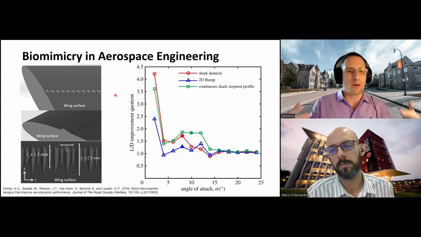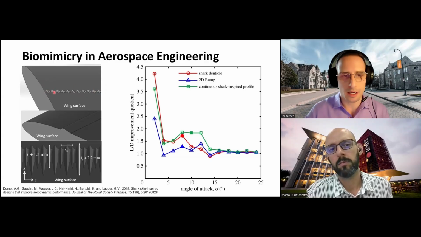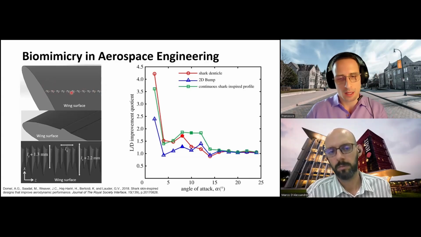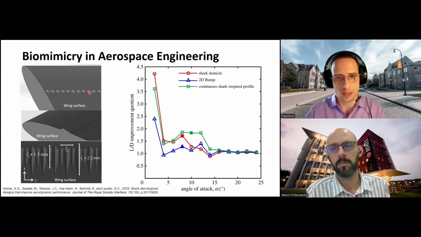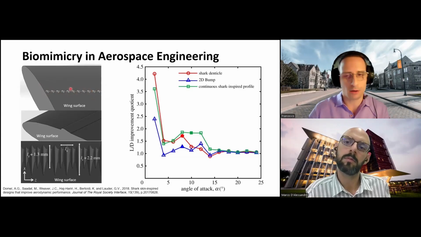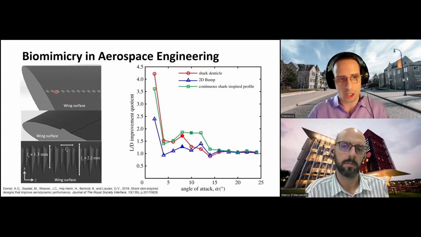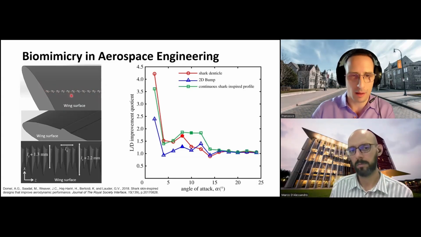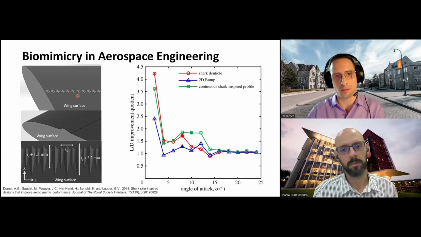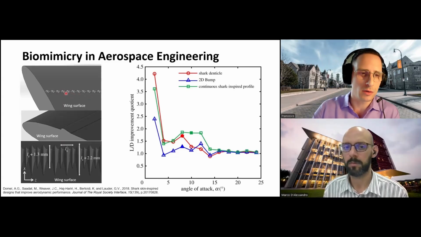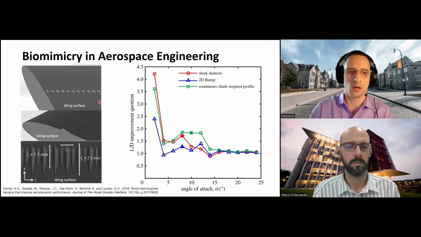And so someone might ask, how is this study going to be useful to understand the physics of shark skin? But the question should actually be, how can we make it useful in aerodynamic applications? So I think the purpose of this experiment was actually to prove that for aerodynamic applications, we can actually use denticles to reduce drag.